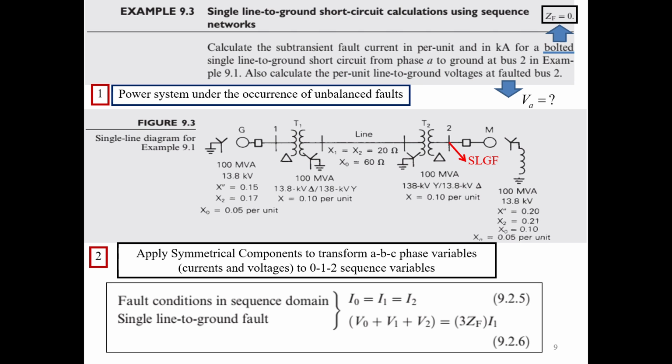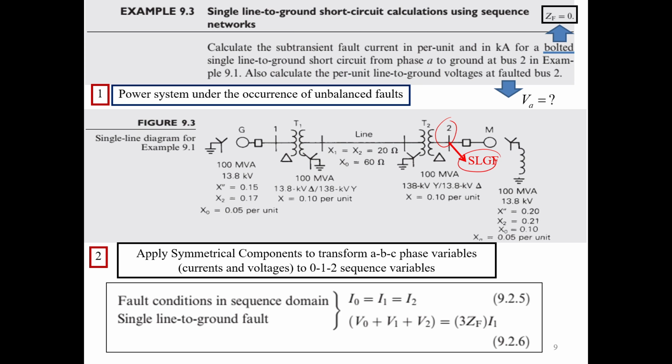We still analyze example 9.1, right? We introduce the fault, a single line to ground fault at bus number 2, so we could use the Thevenin equivalence that we derived from example 9.1. The problem asks for the fault current.